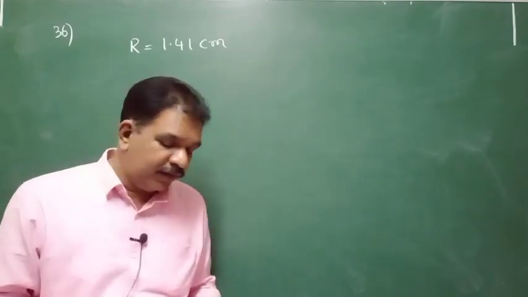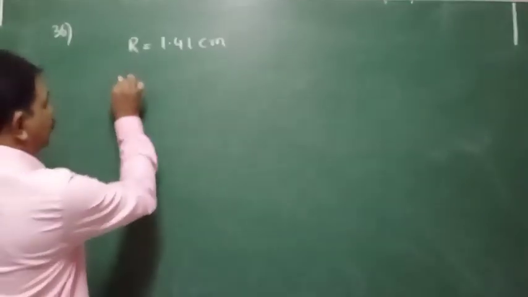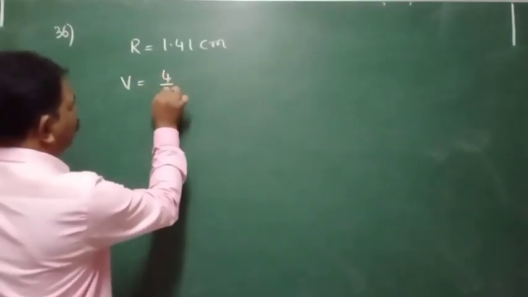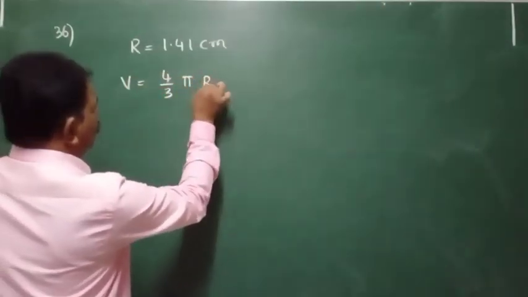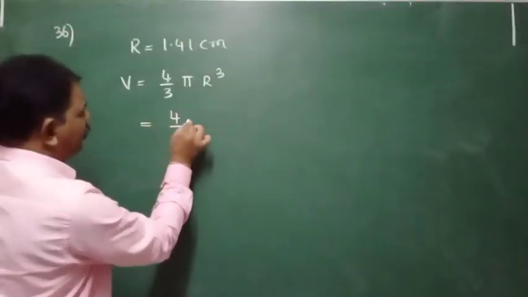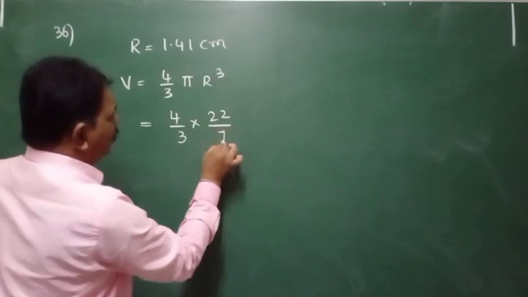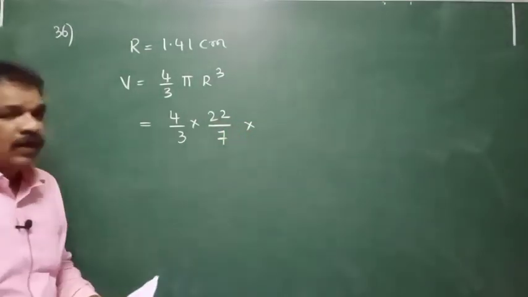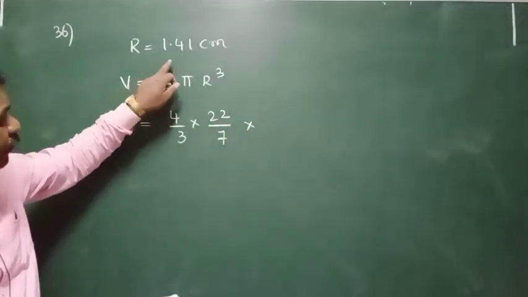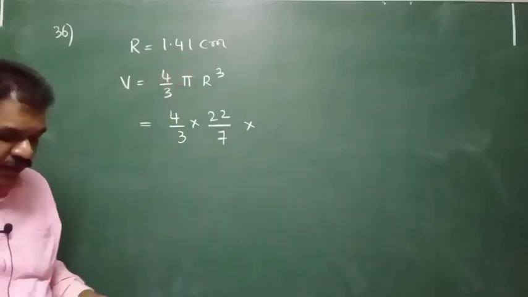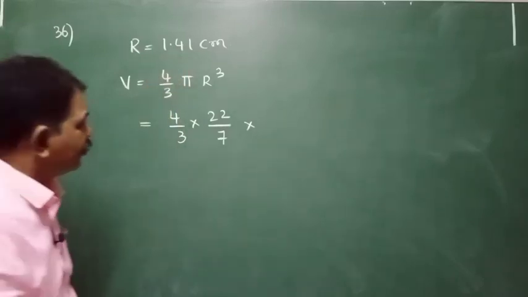Try to calculate. The volume of the sphere formula is 4 by 3 pi r cube. 4 by 3 into 22 by 7. The r value is 1.41. The answer will also be in centimeter cube.